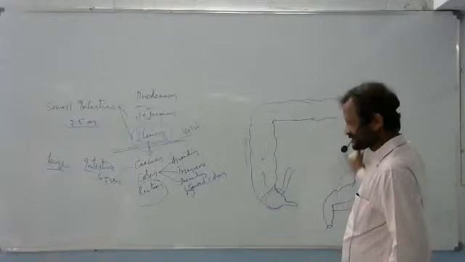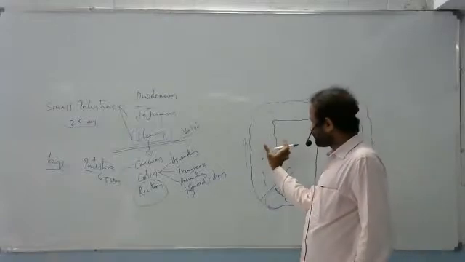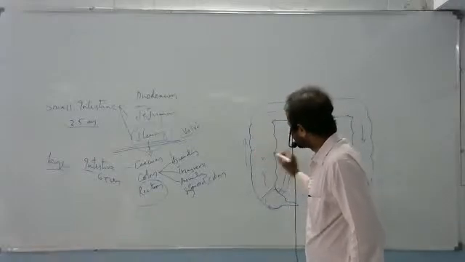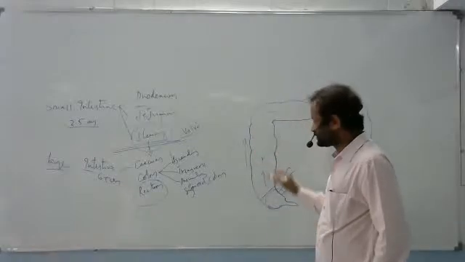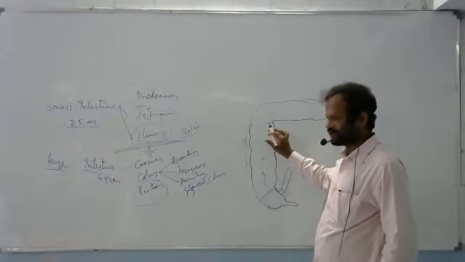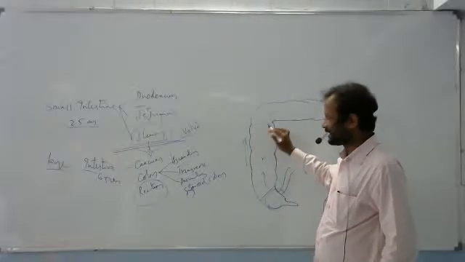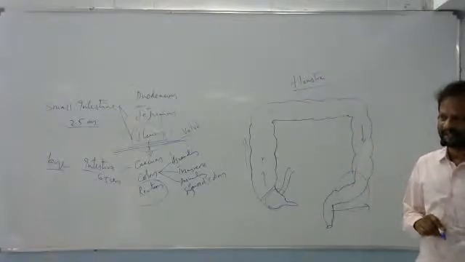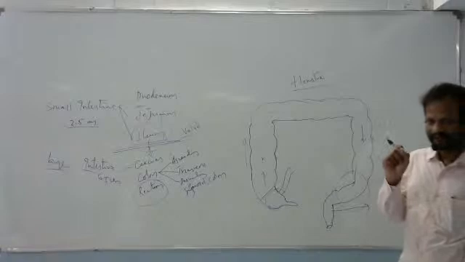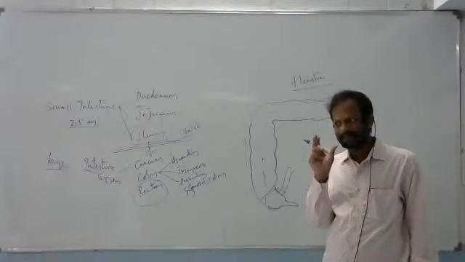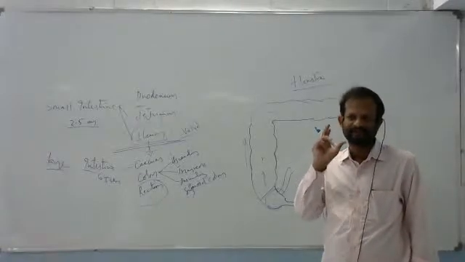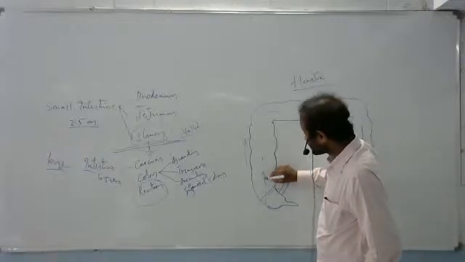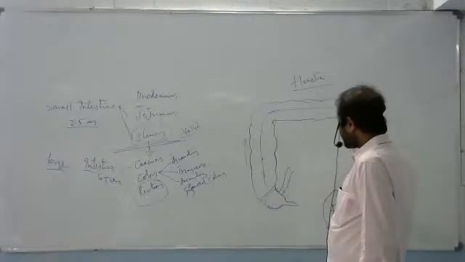Now here you have to remember some points. If you see this large intestine, you can see bulb-like structures, foldings, constrictions like this. This type of bulb-like structures are called haustra. What is the meaning of haustra? Bulb-like projections present on the surface of the large intestine. At the same time, there are longitudinal muscles.